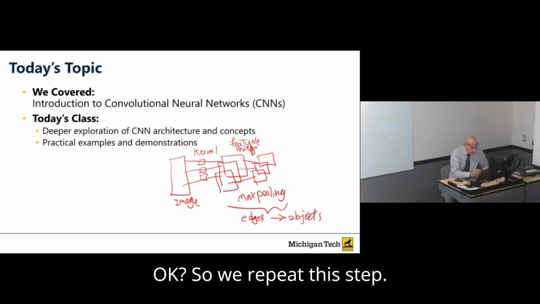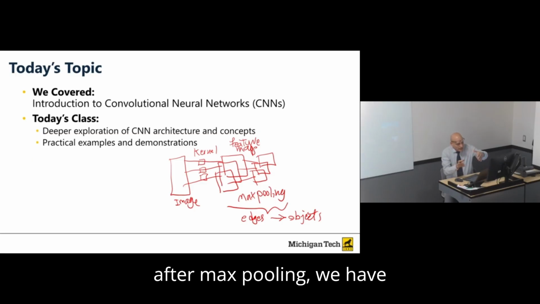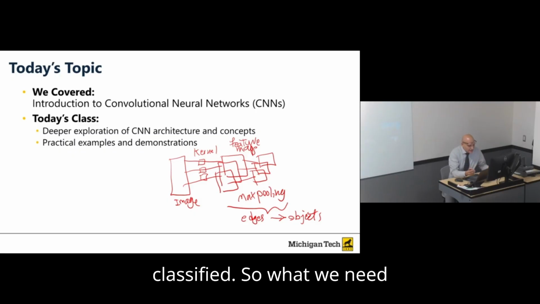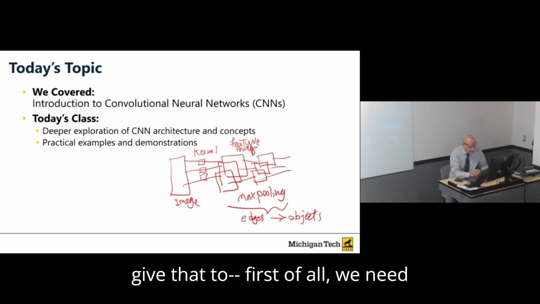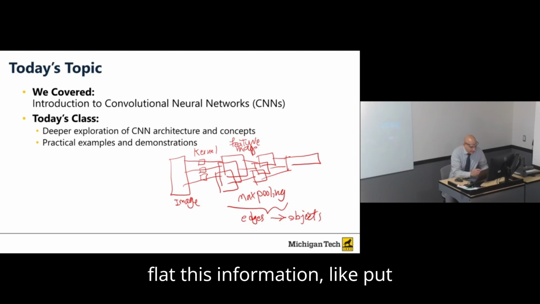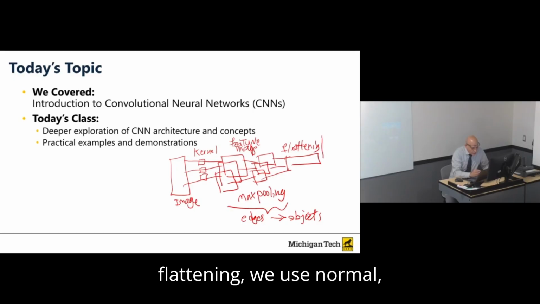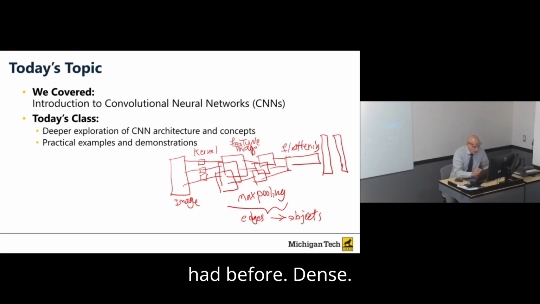So we repeat this step, but at the end, after max pooling, we have lots of small images. It still is not classified. So we need to flatten this information, like put it in a vector. After flattening, we use a normal dense neural network like we had before.